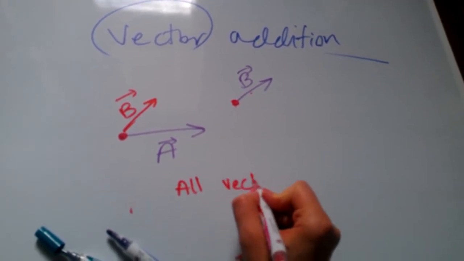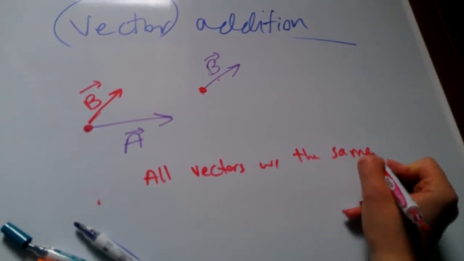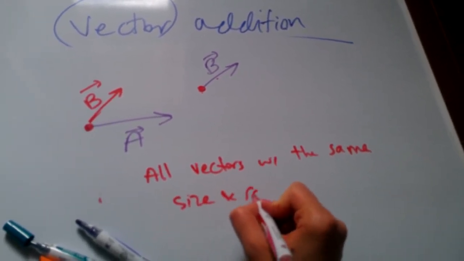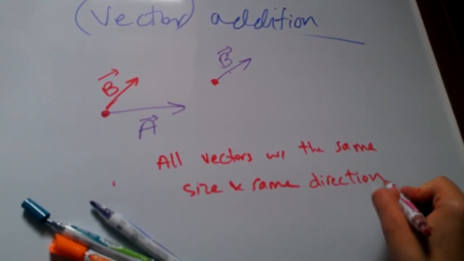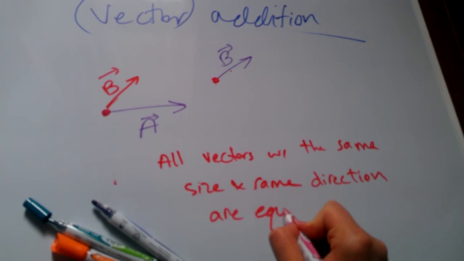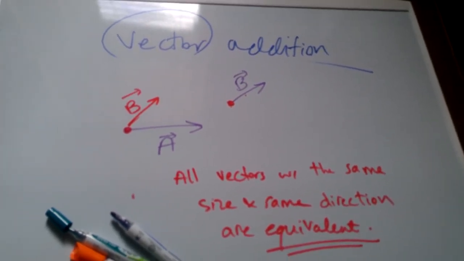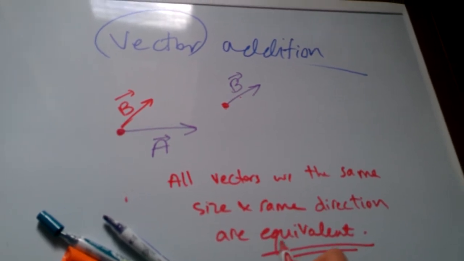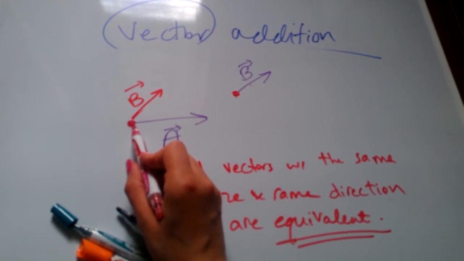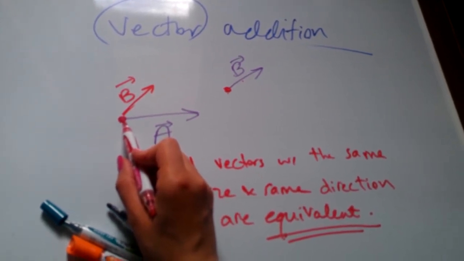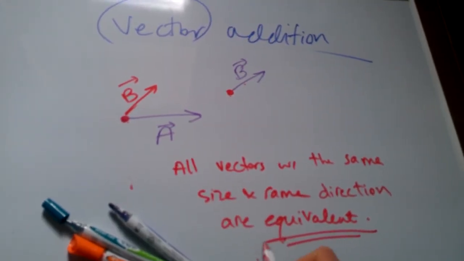So all vectors with the same size and same direction are equivalent. This is very powerful. We use this a lot, and as you just saw here, this is one of the instances that we actually use this property of vectors.